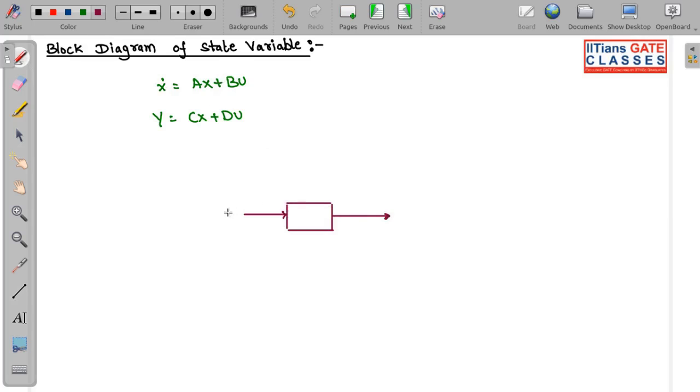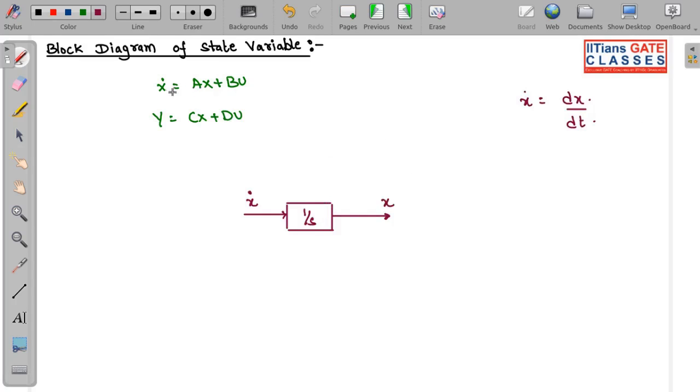So we know if this place is x dot, and x dot means dx by dt, then if I pass it through an integrator, which means 1 by s, it will become x.